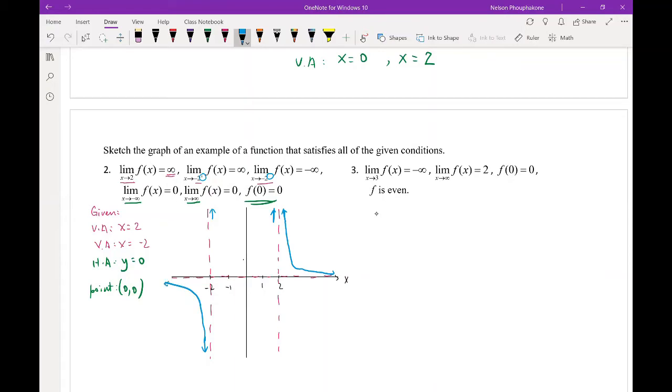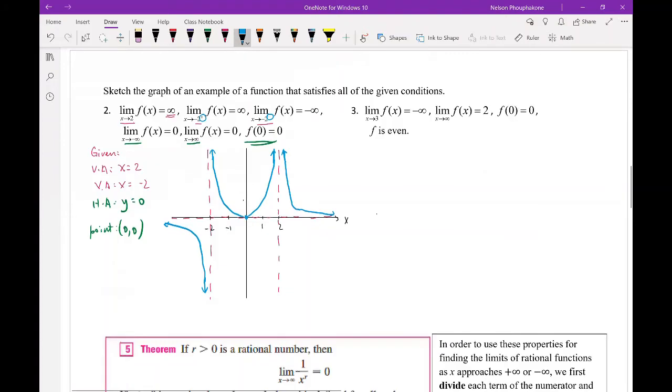And now I have to look at the situation in between -2 and 2. So I know that I have a point (0, 0). The function will go through this point. Then now I need to connect this side to this side. Well, that's it then.